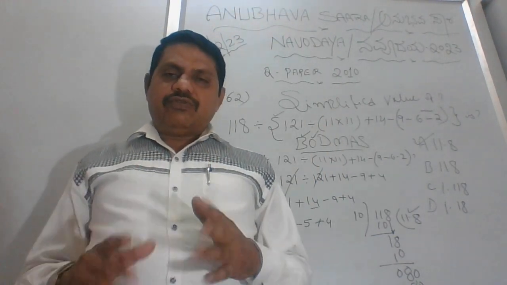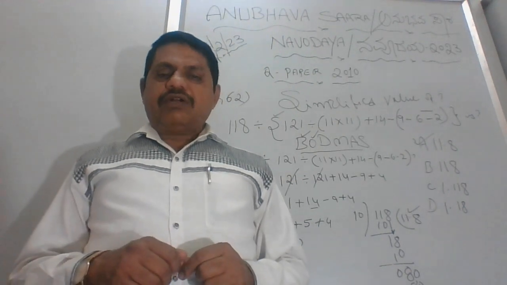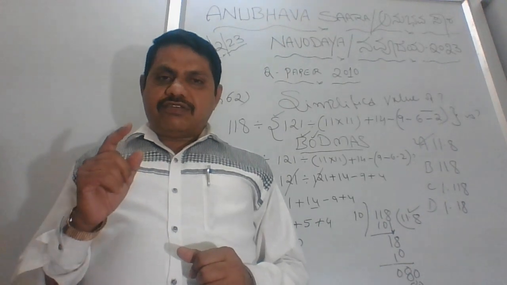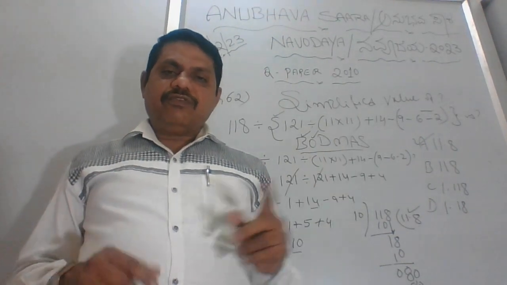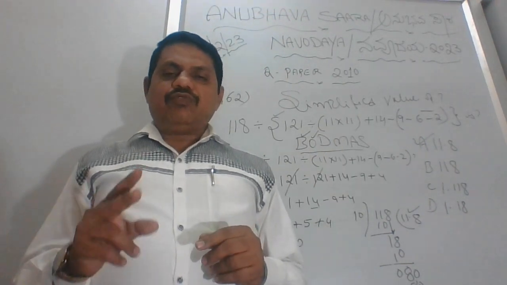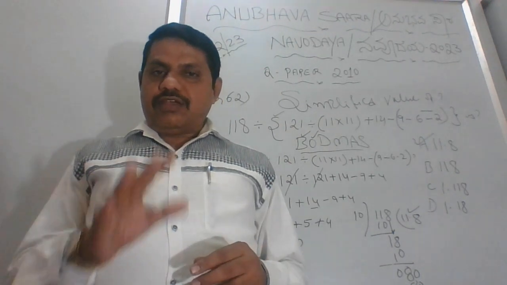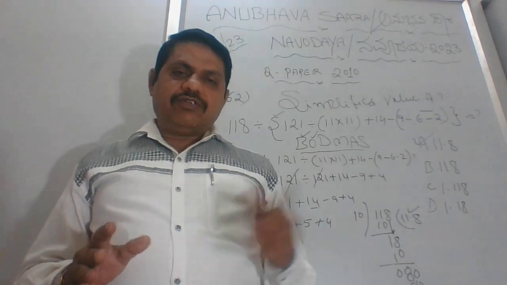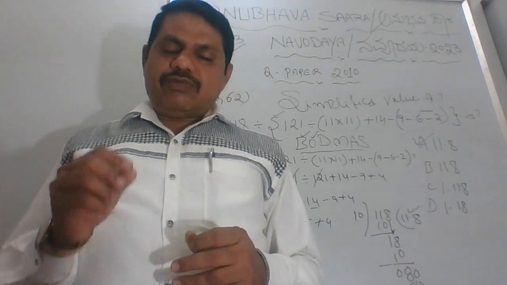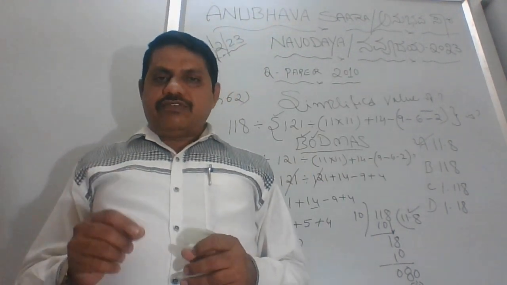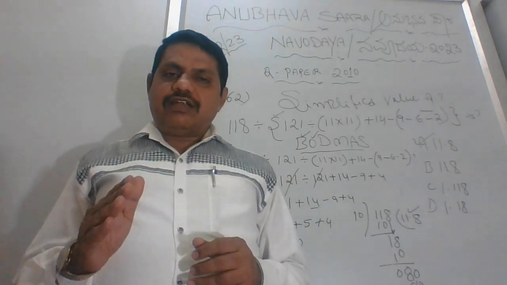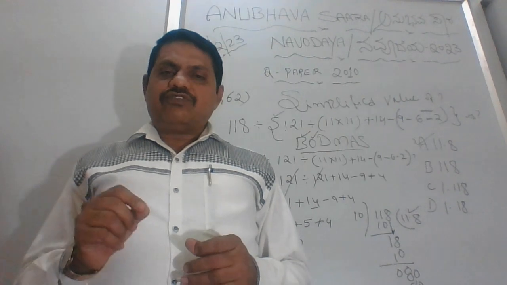So go with your curriculum book, the textbook, and start finding these kinds of questions. In the books, a minimum of 2 to 3 questions will be there with examples. They won't give questions just like a question paper. In the textbook, they will have a minimum of 2 or 3 examples. In those examples, you have to understand and start writing those questions.